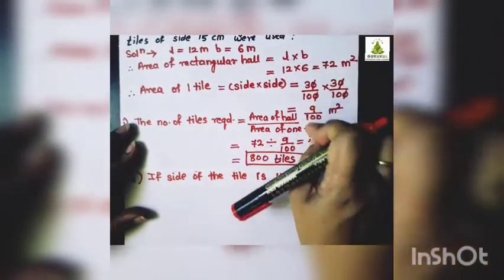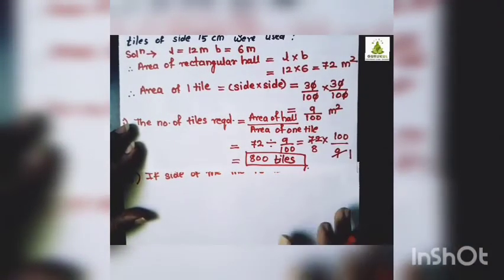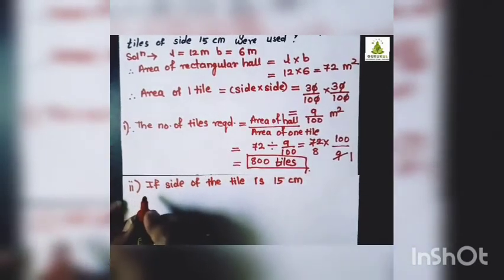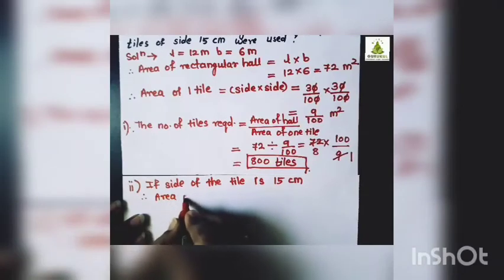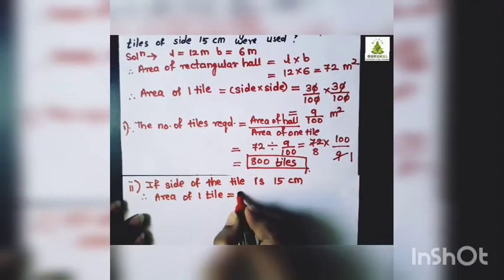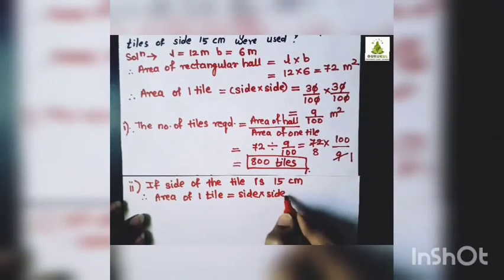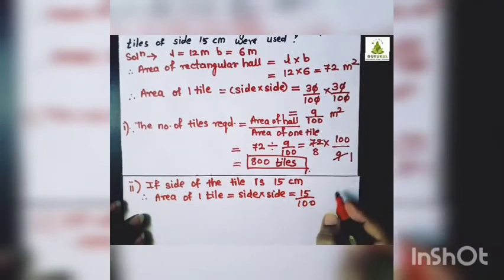We just have to find out this one. So it will be 15 centimeter. Then area of one tile is equal to side into side, that is equal to 15 upon 100 into 15 upon 100.